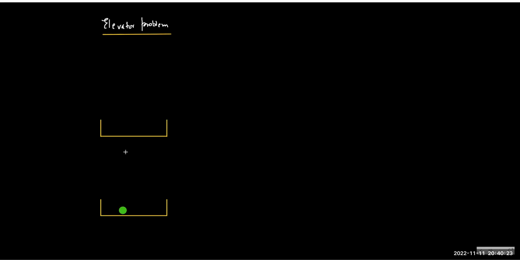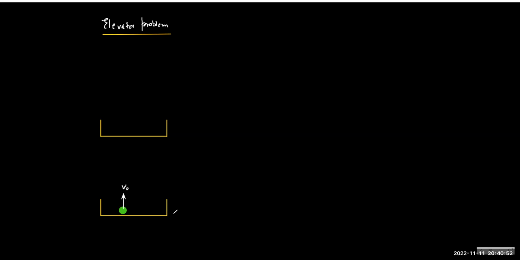So you're throwing this ball with velocity v naught. And to make it simple, I'll take that at the instant of projection, the elevator velocity is 0.